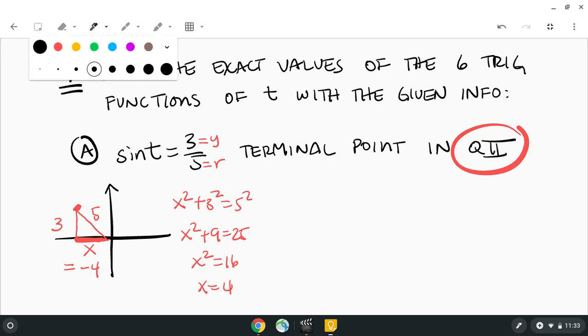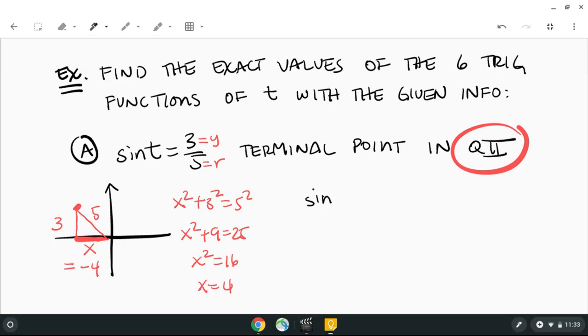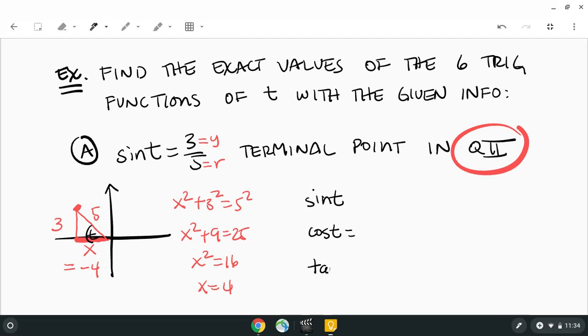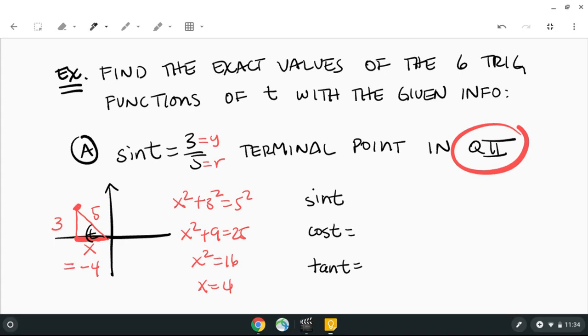All right, so now that we have the full triangle, we can do sine of t. This is t. Sine t, cosine t, tangent t. So sine t is y over r.